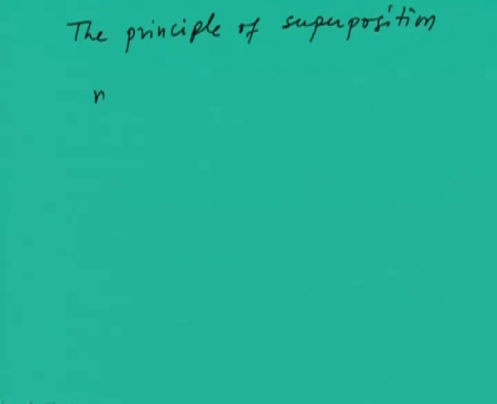Let us say we have one dynamic system, a differential equation like this, and because it has a zero right-hand side, let us say we have particular solutions of this, because it is a differential equation of second order.